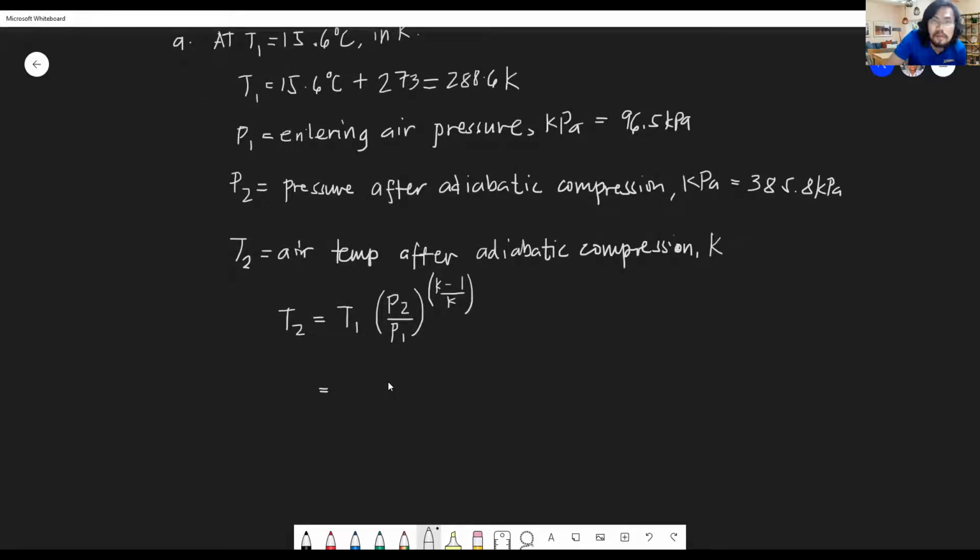Plugging the values, we get T1 is again 288.6 K times P2, which is 385.8 over 96.5 kPa.